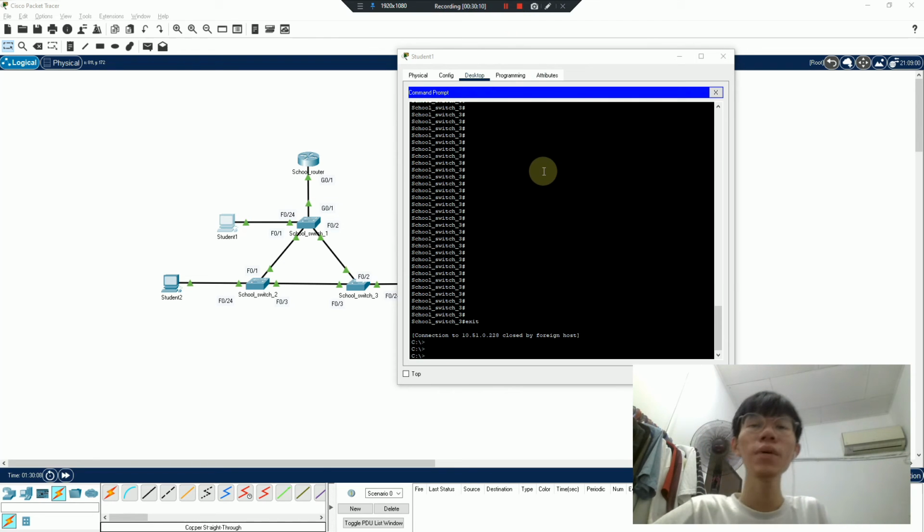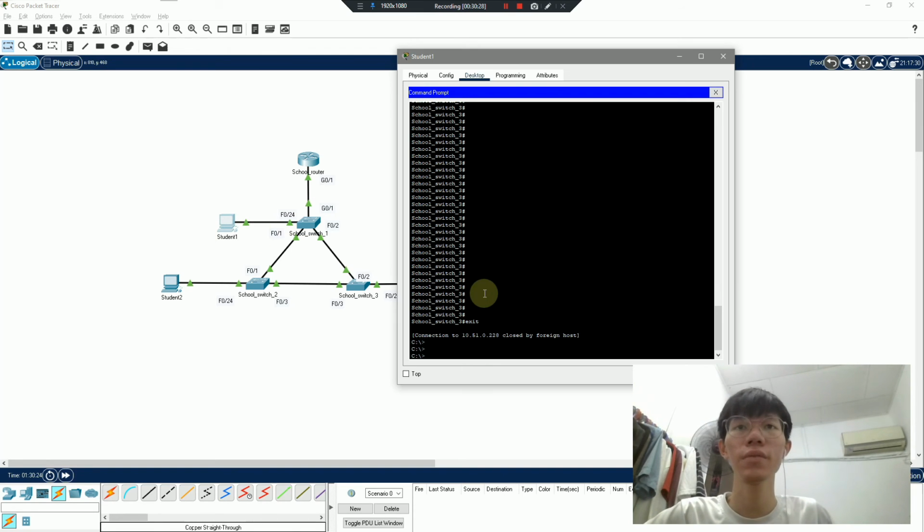Okay, next I will show the STP advanced feature configuration on the switch.